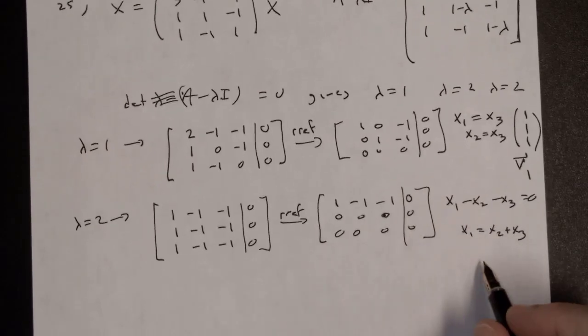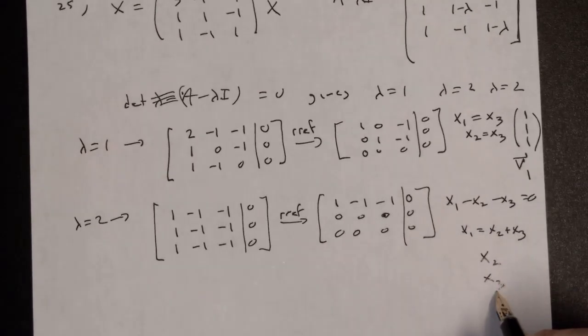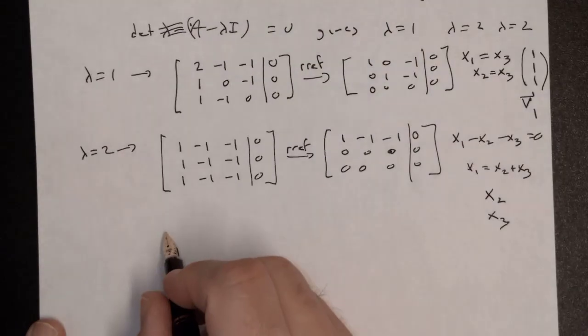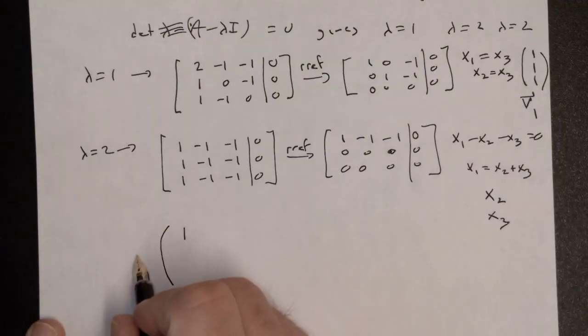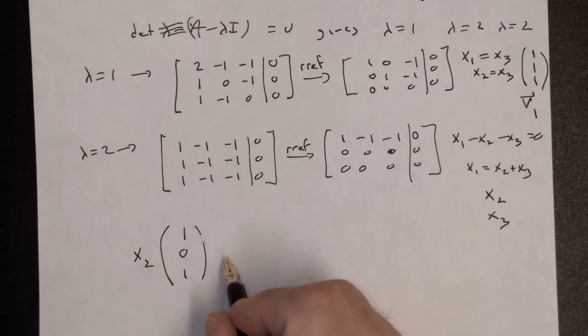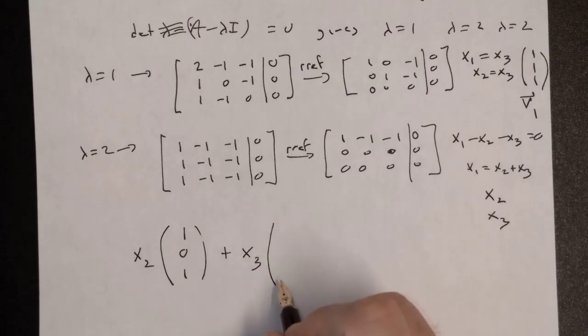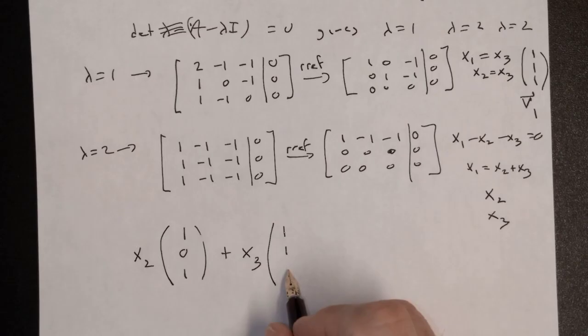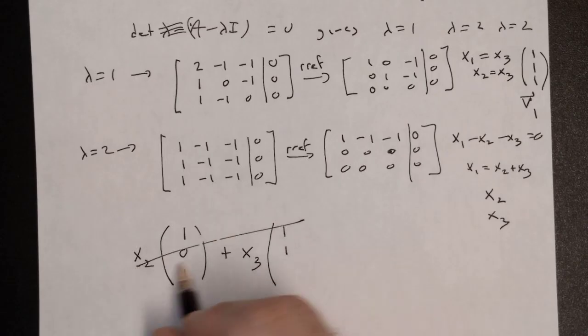I can think of this as letting any number be for x2, any number be for x3. So I could think of this as an x2 part with that vector and an x3 part. Oops, I wrote those backwards.